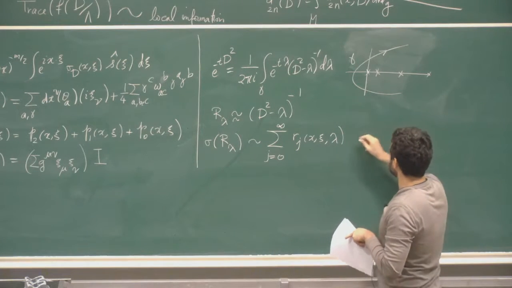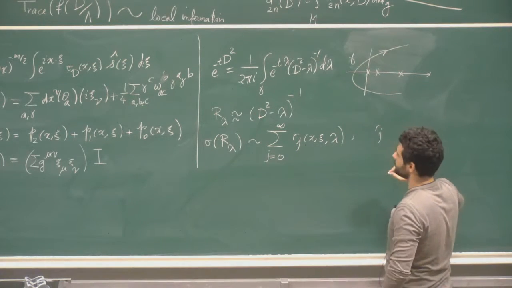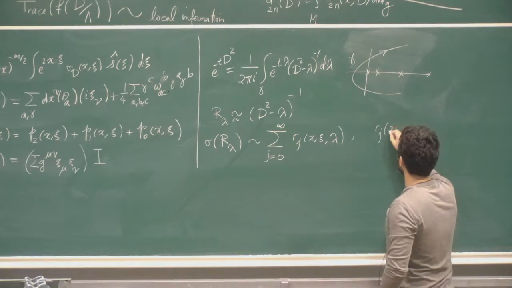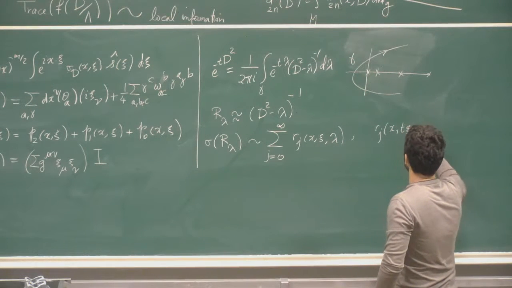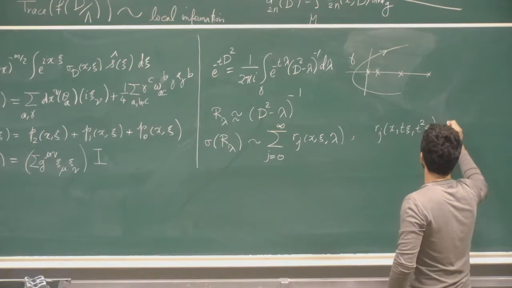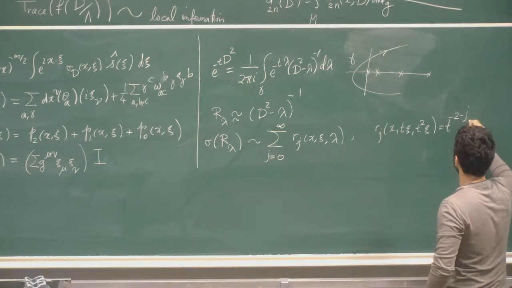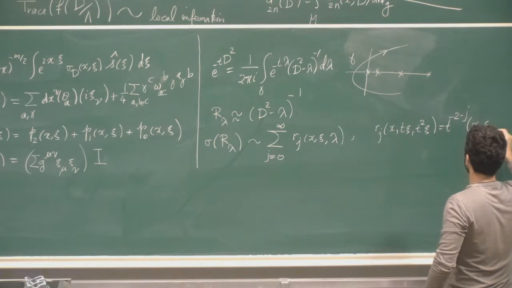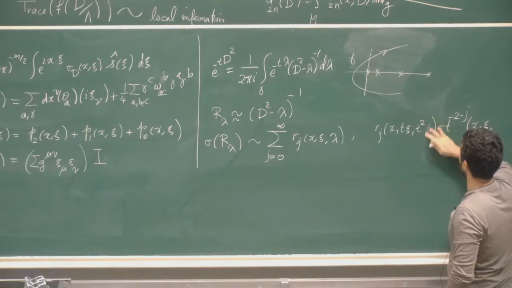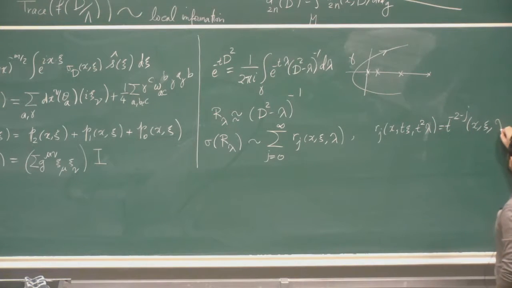So each r_j is going to be homogeneous of order minus 2 minus j, in the sense that with t squared lambda, it satisfies this homogeneity property.